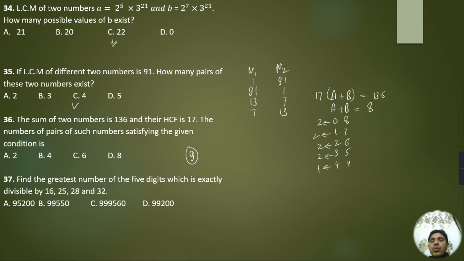Okay, next question, 37. The question is to find the greatest number of 5 digits which is exactly divisible by 16, 25, 28 and 32. Just find the LCM first of all. The LCM of 16 and 32 will be 32 only.